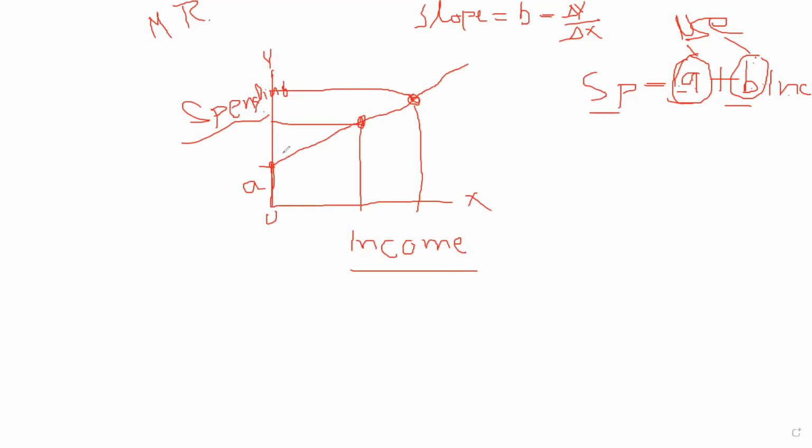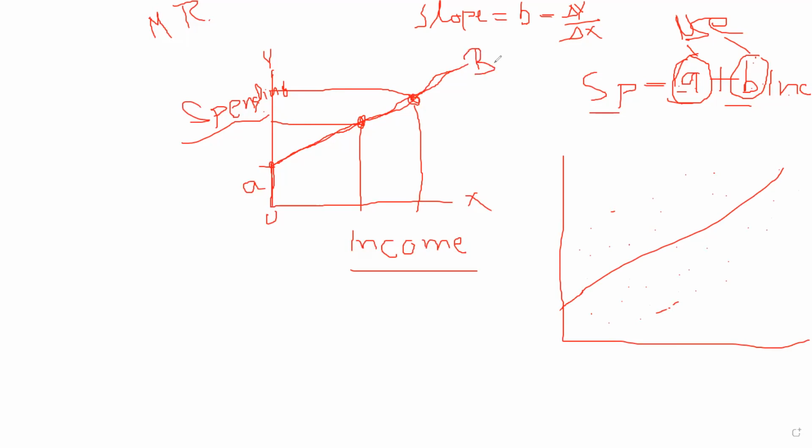Now let's see how this line is drawn. The line is created based on the number of observations. So I'm just going to erase this part. Let's say this line is right here, and this line is created based on different observations. So these are, let's say, different observations, and this line is called the best fit line.